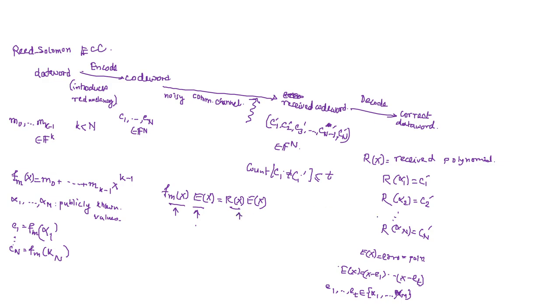This is a known polynomial for which you know the n number of points and their corresponding evaluations, so one can get the polynomial Rx, and Ex again is a polynomial with t unknowns. So in general for alpha 1 to alpha n you will get a system of n equations, and the number of unknowns are k plus t plus t.